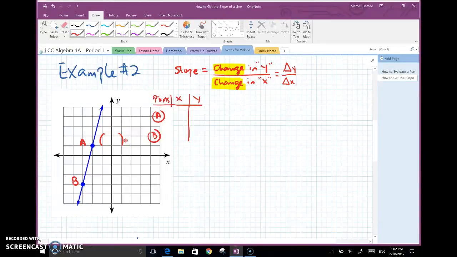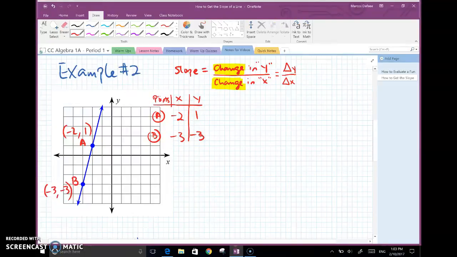Point A is at, and maybe I should move it to the other side. So point A is at -2 and +1, whereas point B is at -3 and -3. So if I use my input-output table, my XY table, it would be the following. For point A, it would be -2, 1, and for point B, it would be -3 and -3.